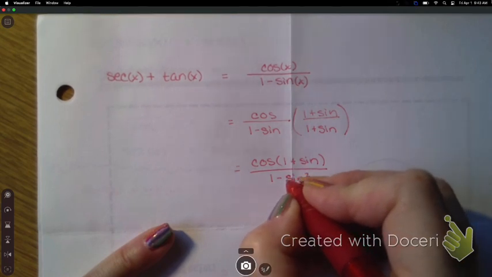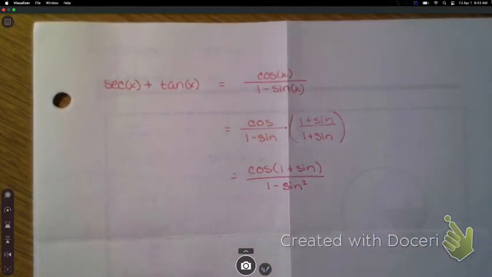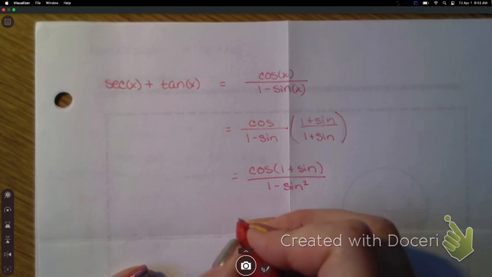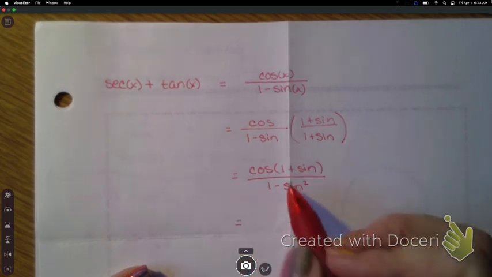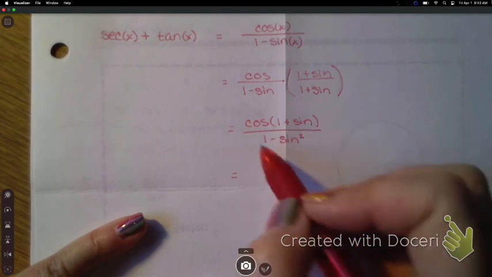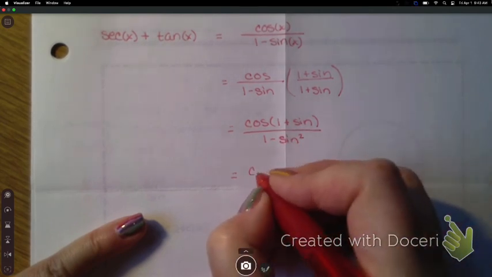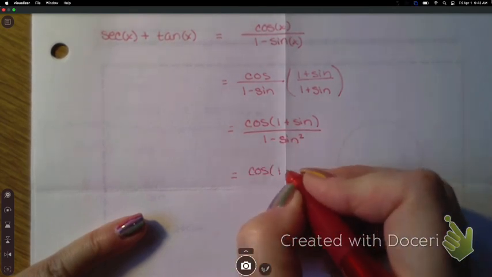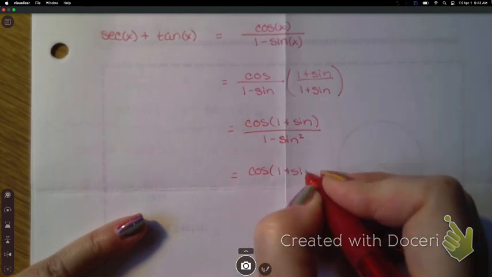Now I distribute out the denominator because my whole purpose is to get 1 minus sine squared to make it cosine squared. What does your denominator equal? Cosine squared. So I have cosine times 1 plus sine over cosine squared.